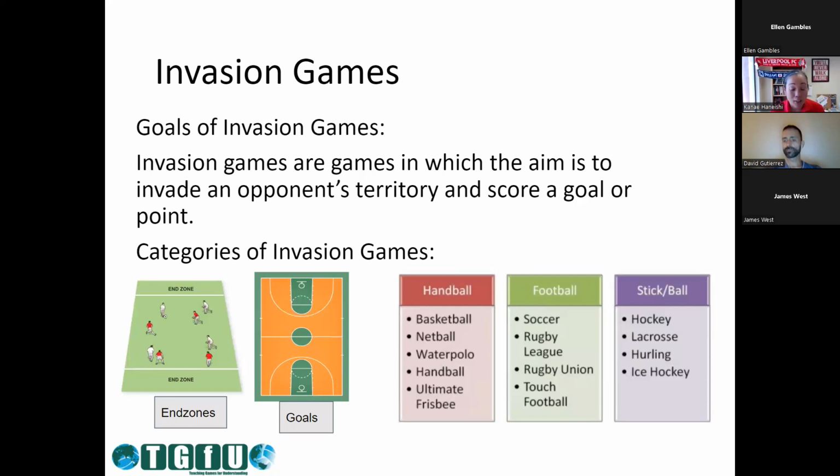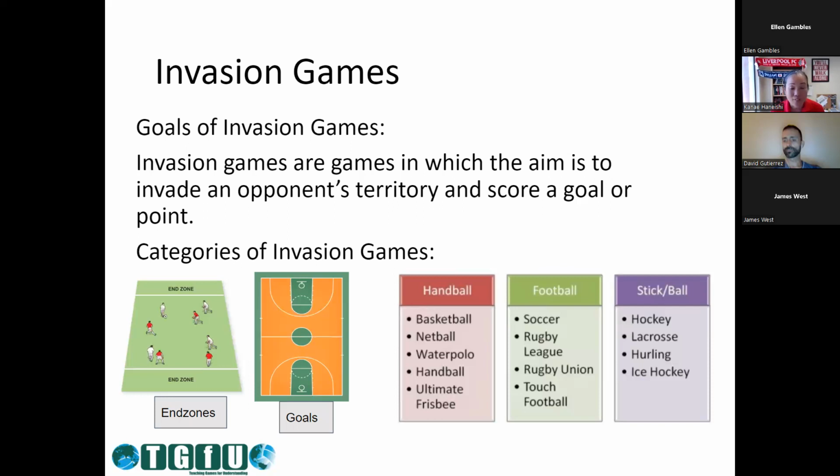These are typically fast-paced games that need teamwork in order to control the ball, keep possession, move into a scoring position, and prevent the opposition from scoring. Teams share the same playing area as they attempt to both score and prevent the other teams from scoring.